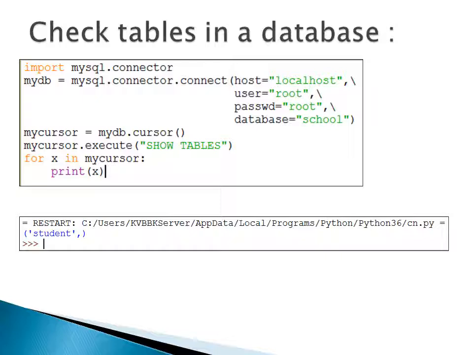Then you will create connection with the help of connect function and name of connection object is mydb, and this connection object is used everywhere. Now we will create a cursor and with the help of this cursor we will execute our query with the help of execute function, and our query is show tables. And I want to tell you that here we don't need to use semicolon as we have used in MySQL queries.